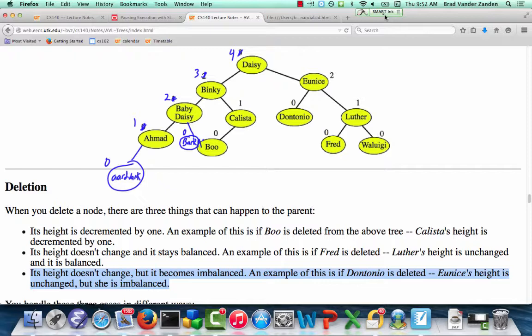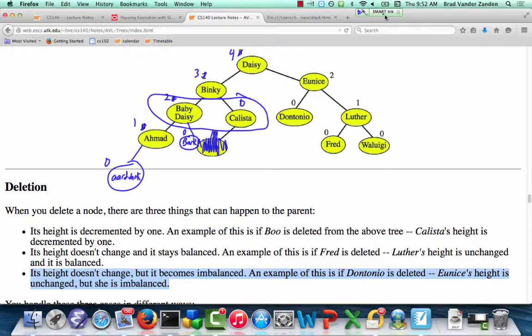And now if I have situation 1 where I delete Boo, okay, Callista's height becomes 0, and that causes now an imbalance right here for Binky. So in fact, case 1 and case 3 can both lead to an imbalance situation.